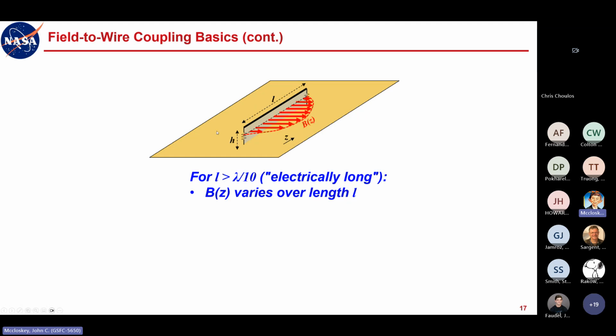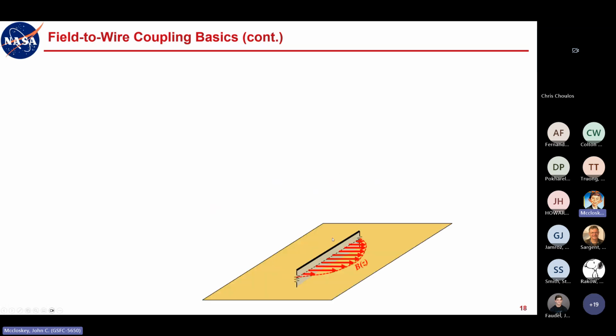Every frequency component is going to have some sinusoidal variation along the L direction, or the Z direction here, that I've defined. So the total magnetic flux now you have to integrate over the length. We're saying it's constant over h, so we can just pull the h out of the integral, but then it's just the integral of B of z from 0 to L.